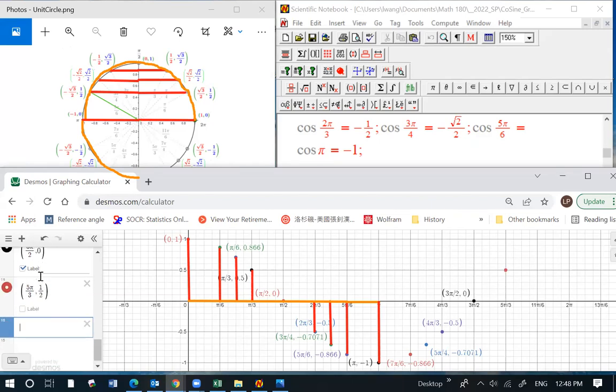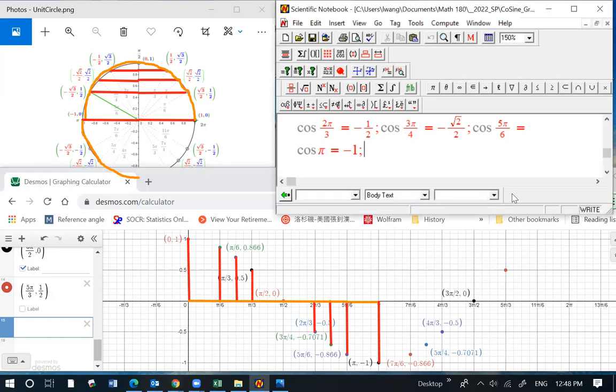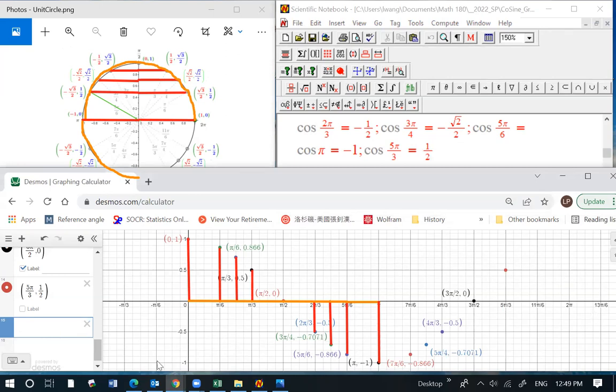Half, the red number. So you see this number, right? Cosine 5 pi over 3 is half. Okay, and next, right, we keep going.